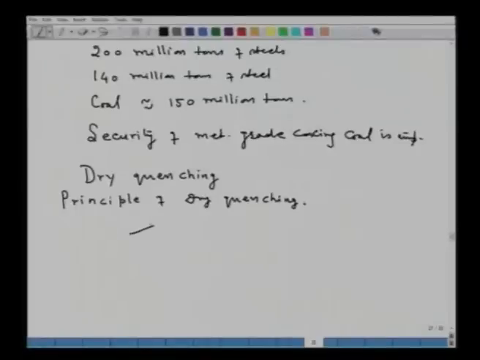So the technology for the development of dry quenching consists of, first, a provision to capture sensible heat.